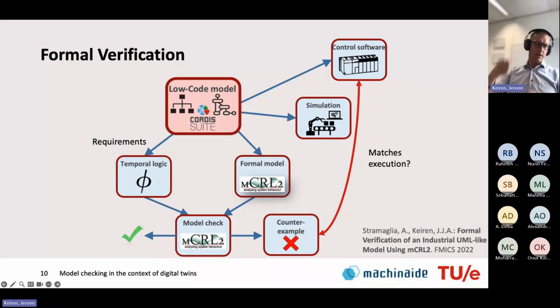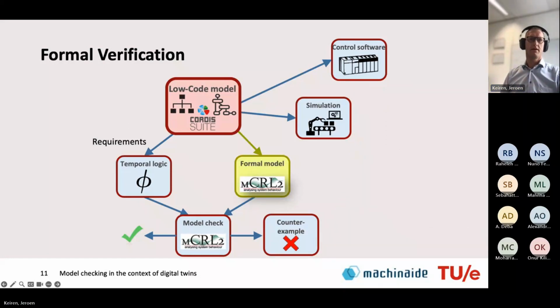So that in the end, whenever we found a counterexample using the model checker, we were indeed able to replay that using the actual control software. So this establishes a general idea of how this low-code model is structured.